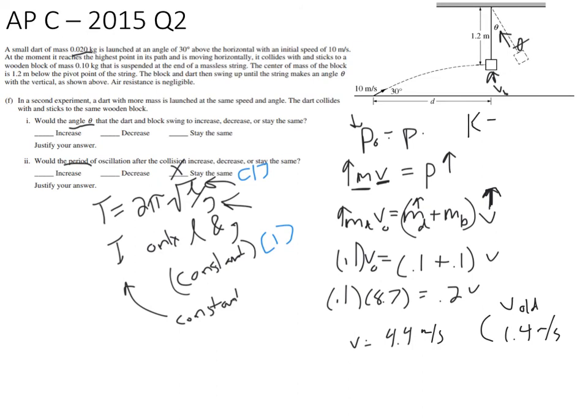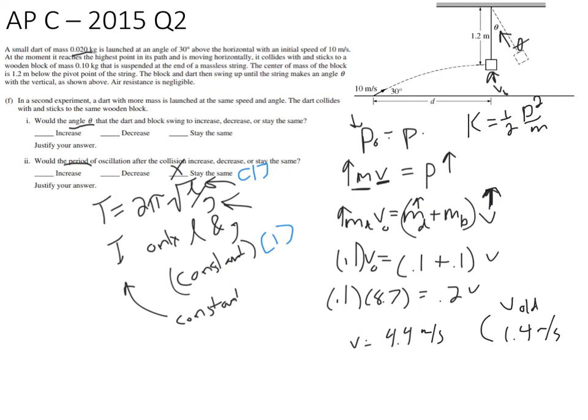Since you can actually rewrite the kinetic energy as p squared over m, I believe. You might want to double check me on that, but I believe that's what's going on.